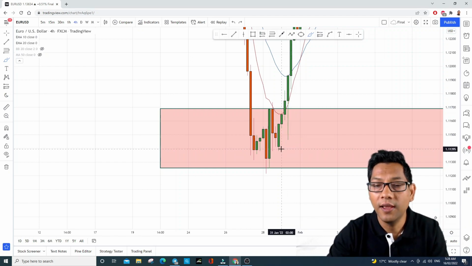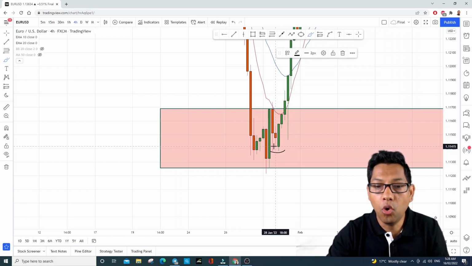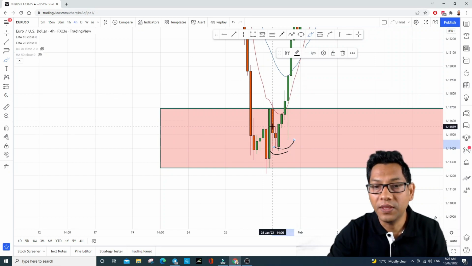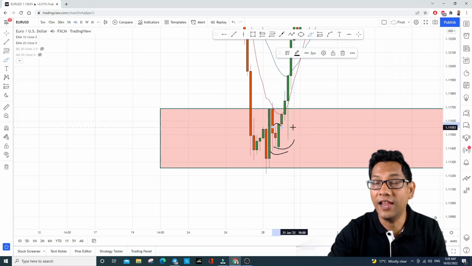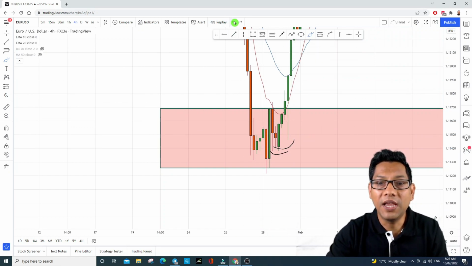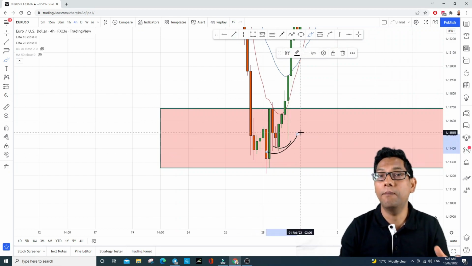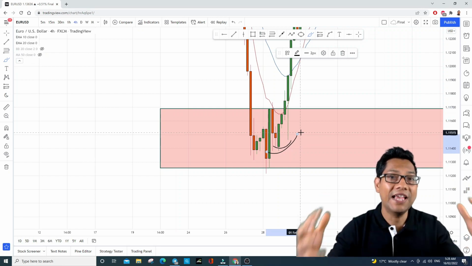Why are the sellers weak? Look at the low of this candle, this doji. You saw that the sellers couldn't create a new lower low, and they couldn't even create any high, so it became a doji. Especially the low: when you see buying, look at the low; when you see selling, look at the high.